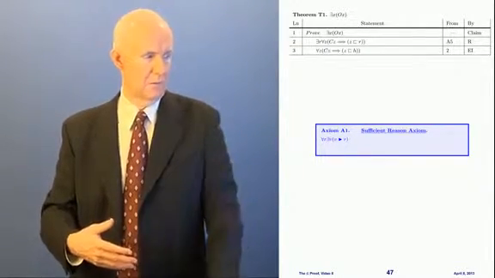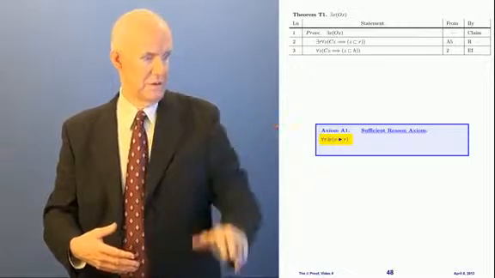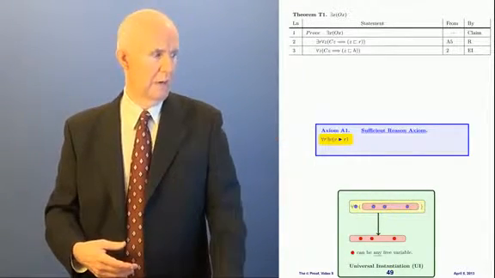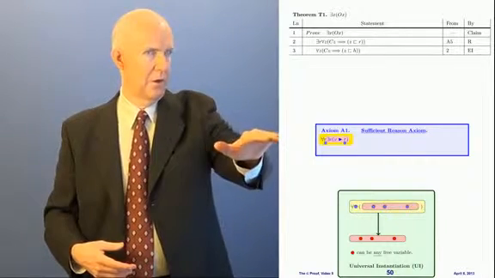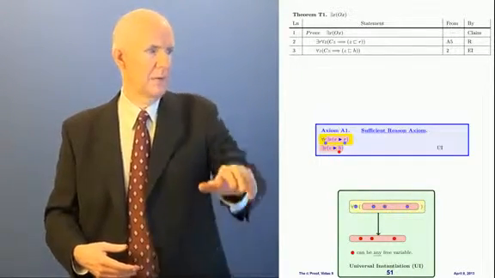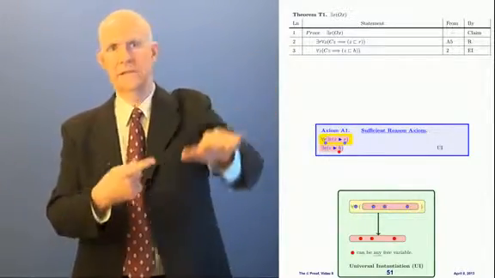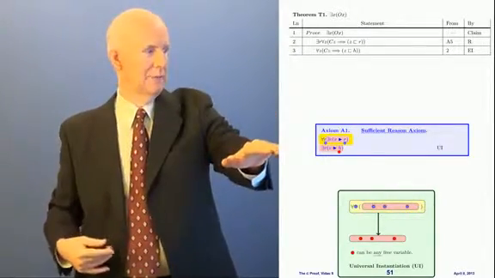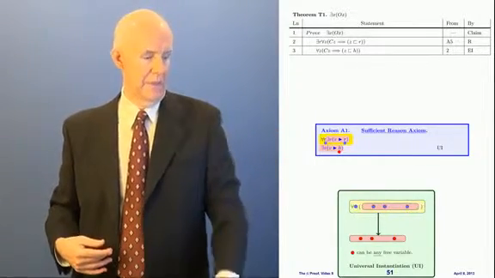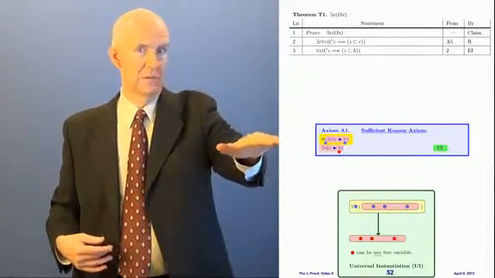Watch. I'm going to use UI on this statement because it starts with for all R, and I'm going to put in an H for the R's. I already have H up, so I picked H. So I put the H in for the R, and that is by UI from this line here.